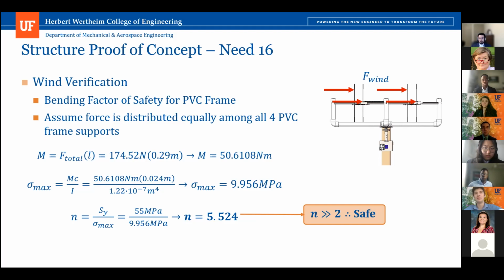Yeah, we definitely did not analyze anything other than the PVC and the wood in terms of factor of safety, but now that you bring it up, I could see potentially some failure occurring where the metal frame that holds the mirrors screws into the PVC. That might be one potential area.